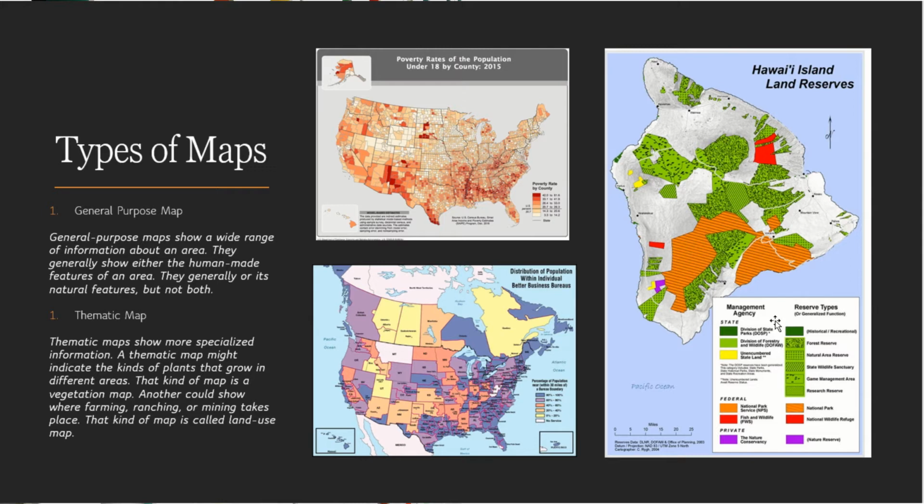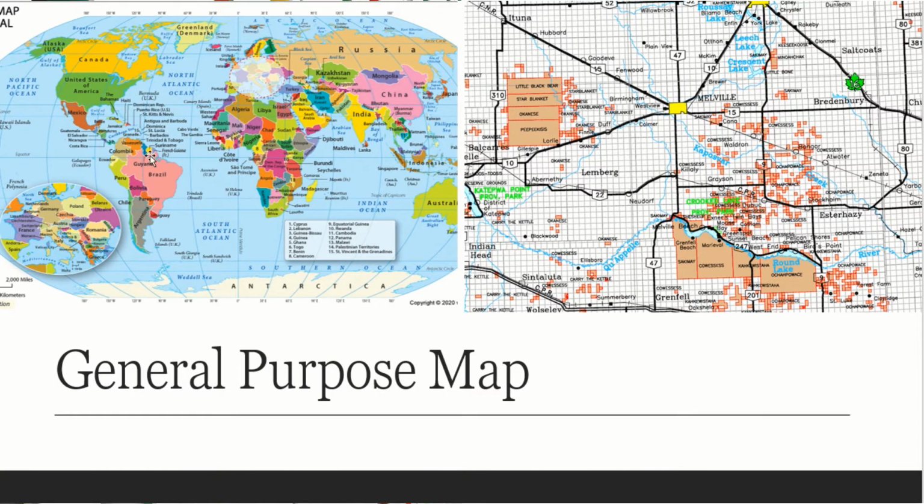In general, this shows the natural features and the land, or the man-made features. So on a general purpose map, we cannot represent the man-made features and natural features together. We can only represent the natural features or man-made features. As I gave you the example, these are all natural.